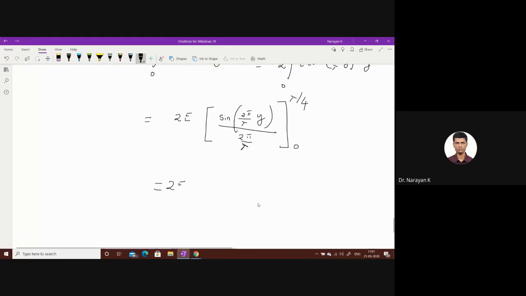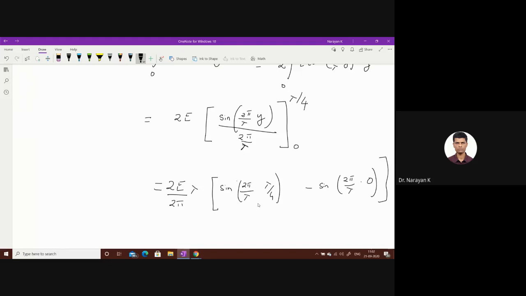See, I am integrating with respect to y. Your E is a constant, so I am taking 2E outside. So cos will become sine of 2 pi by lambda into y. Since I am integrating with respect to y, this whole thing will come in the denominator, 2 pi by lambda. That is how we do integration. So if I substitute, 2E by 2 pi into lambda, this whole thing will be sine of, and I have to apply the limits. Wherever y is there, substitute lambda by 4. Yes or no? Yes, sir. So sine of 2 pi by lambda into lambda by 4, minus sine of 2 pi by lambda into 0.